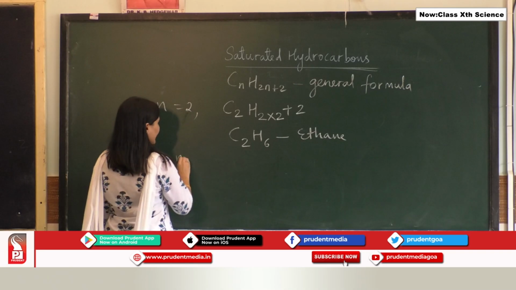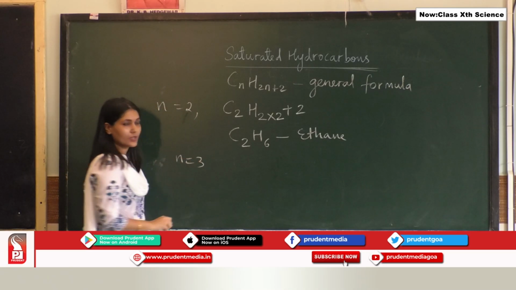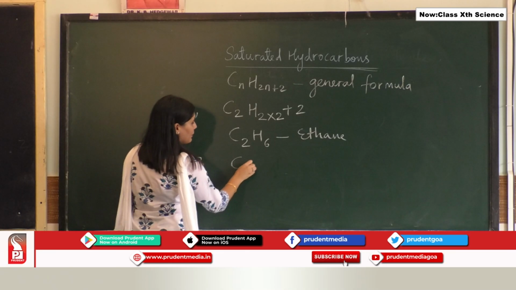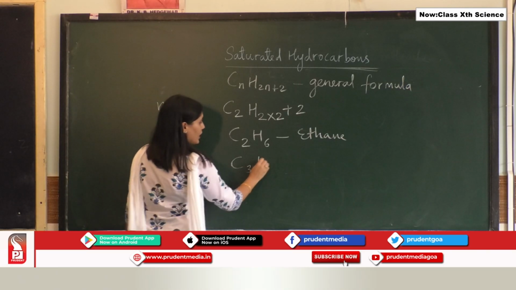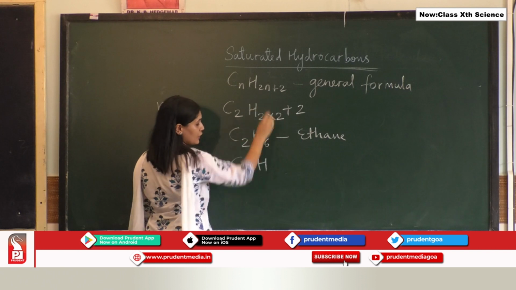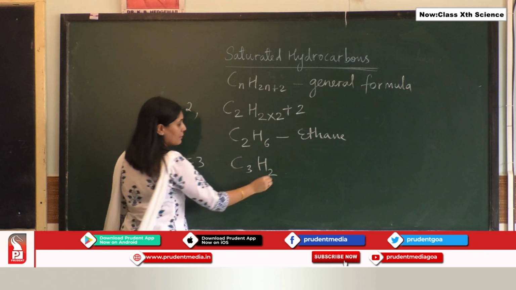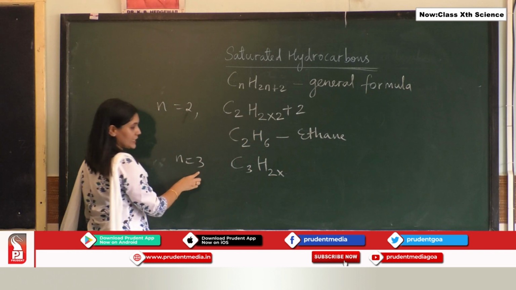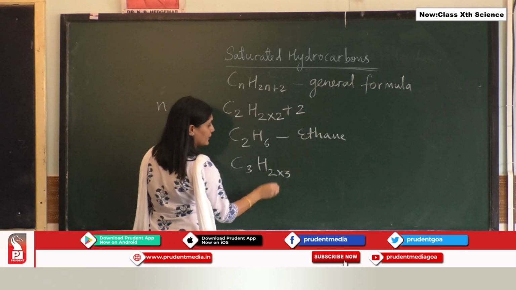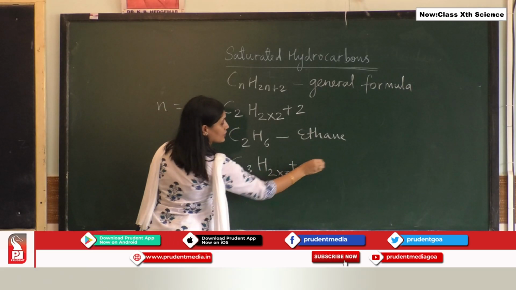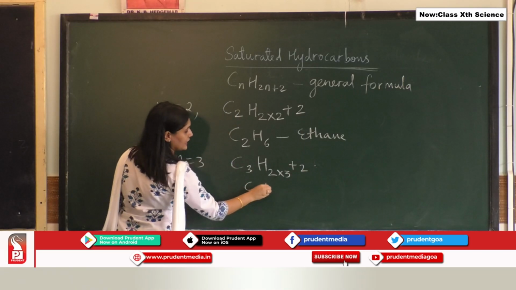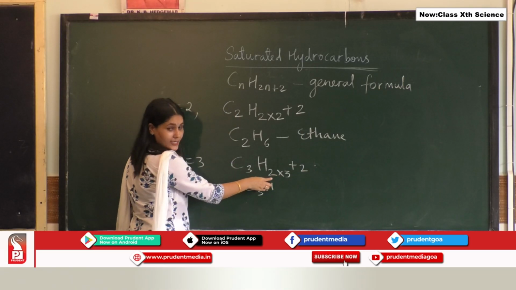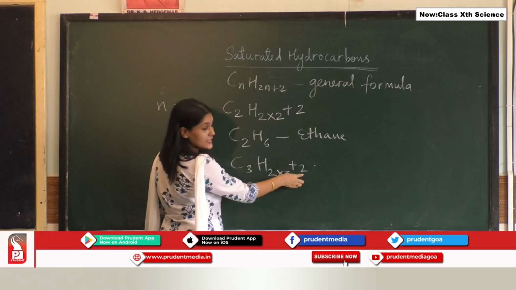If I am taking n is equal to 3, then the number of carbon atoms that I have are 3. Hydrogen, we see the general formula is 2 multiplied by n, so I am going to write 3 over here plus 2. What will I get? The formula that I will get is C3, 3 twos are 6, 6 plus 2 is 8.